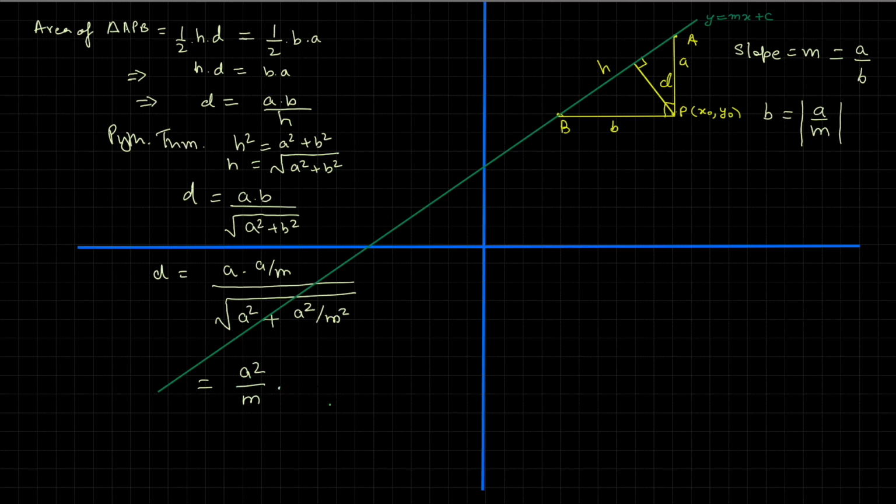In other words, a square by m, the numerator, multiplied by square root of m square divided by a square m square plus a square, which can be written as a square by m times m by a.